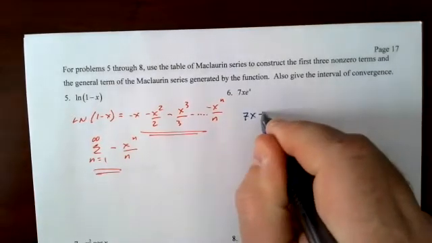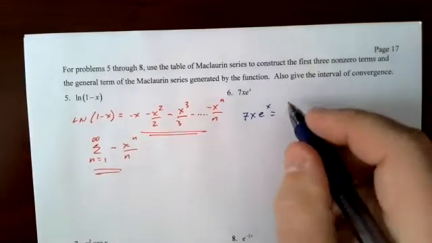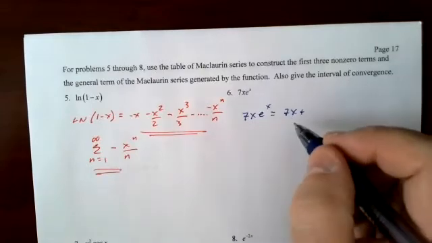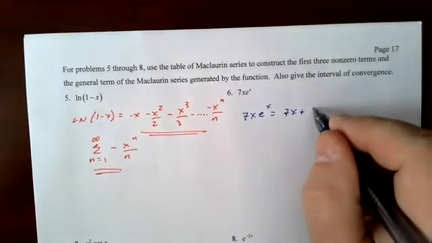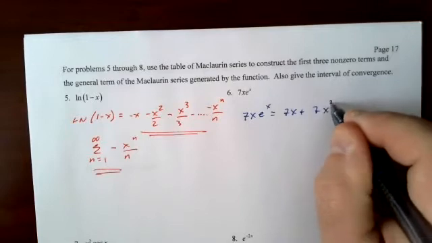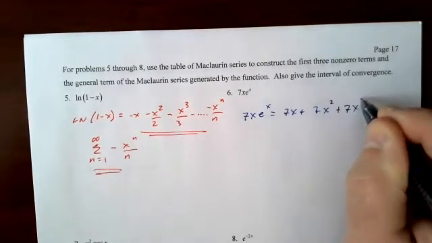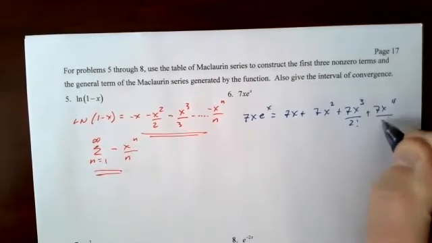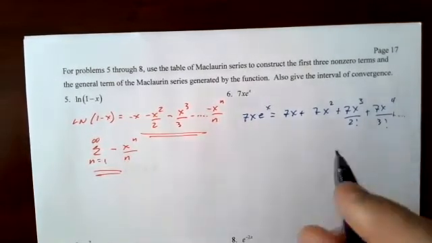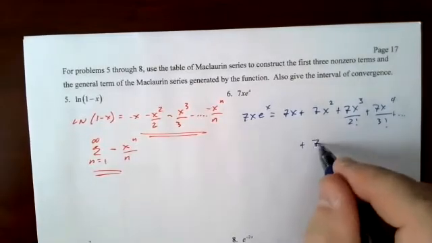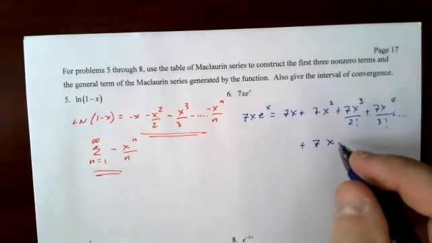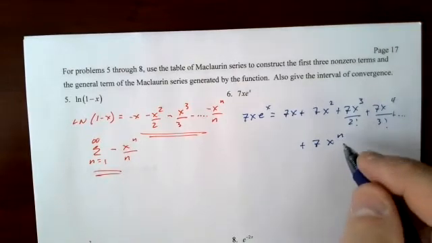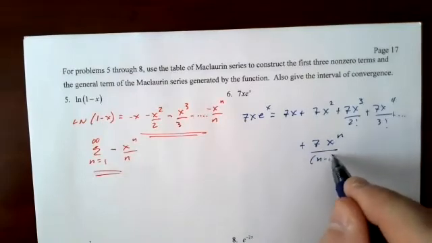So 7x e to the x equals 7x plus, and we're not multiplying 7x every time, just once times what was there, 7x squared plus 7x to the third over 2 factorial plus 7x to the fourth over 3 factorial plus 7x to the n over n minus 1 factorial.